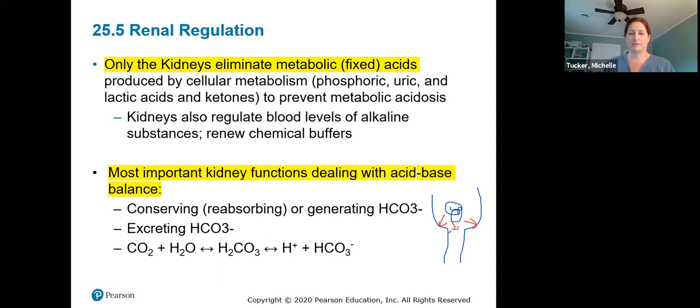Now, this is a problem because the tubules are impermeable to bicarbonate. So the kidney tubules cannot directly reabsorb bicarbonate. Bicarbonate is going to be filtered out with the filtrate, and then we need to reclaim it so that it can be reused in the system.